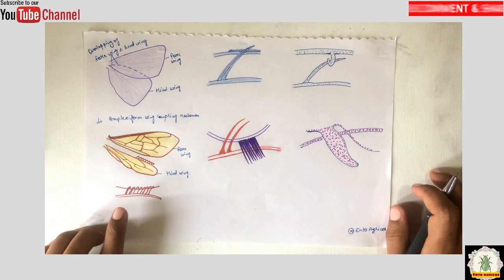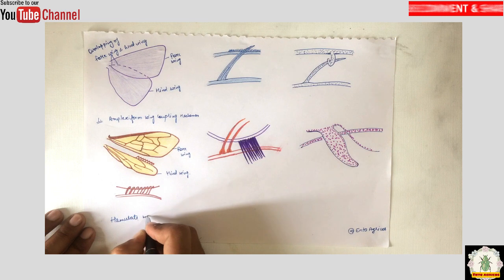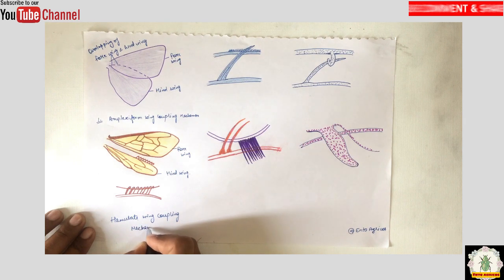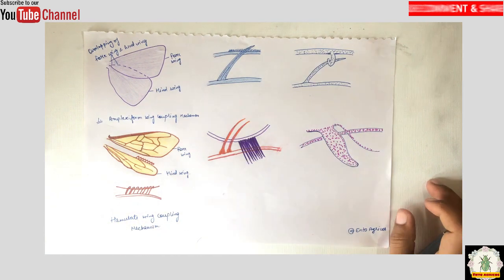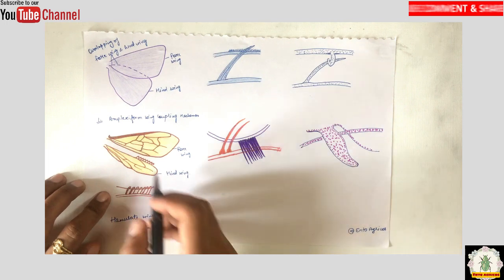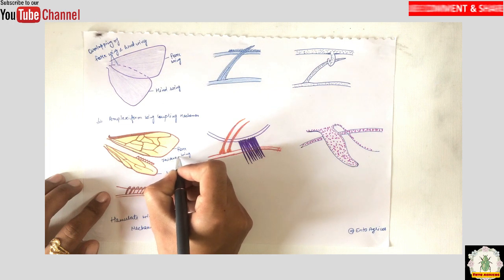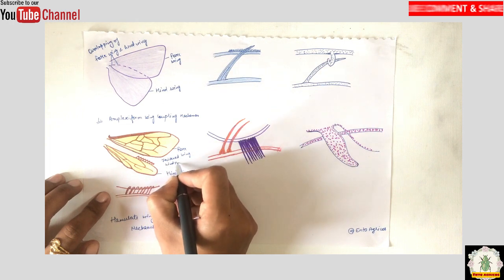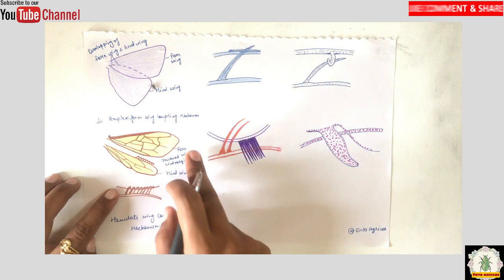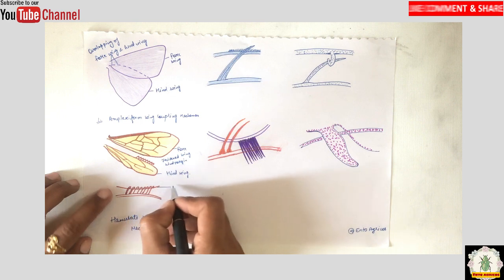In the hamulate wing coupling mechanism, this is the thickened hind margin of the forewing, and this is the costal margin of the hind wing.